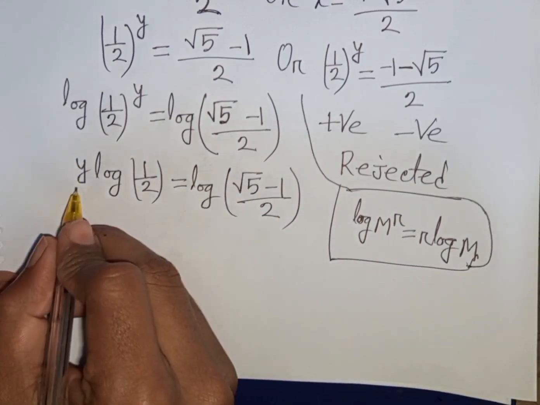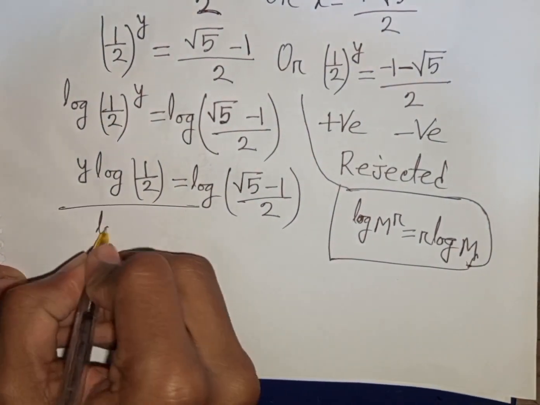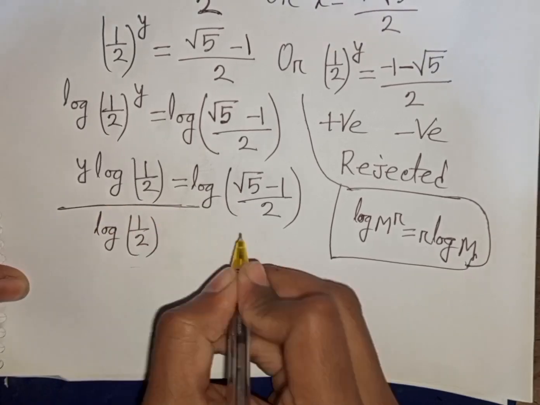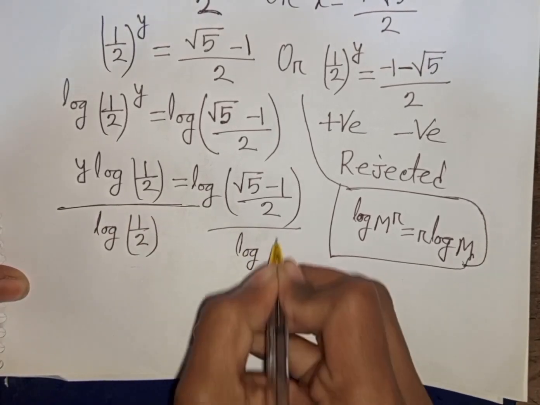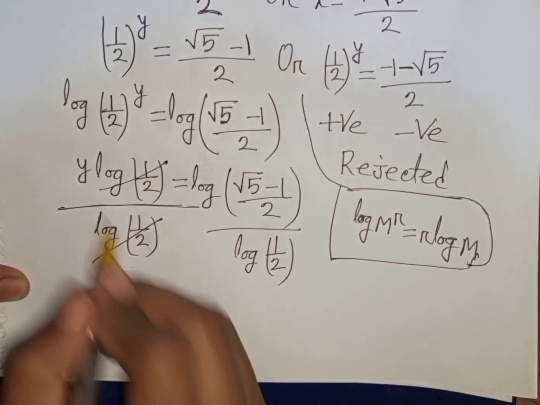We need the value of y, so we divide by log of 1 by 2 on both sides. Now this log of 1 by 2 and this log of 1 by 2 will be cancelled.